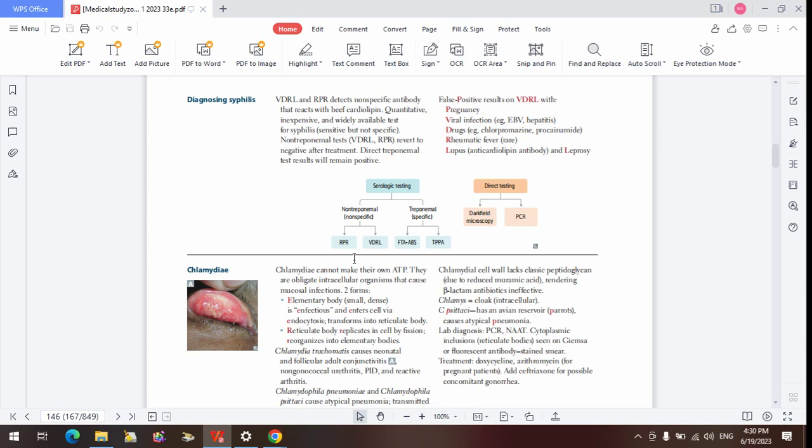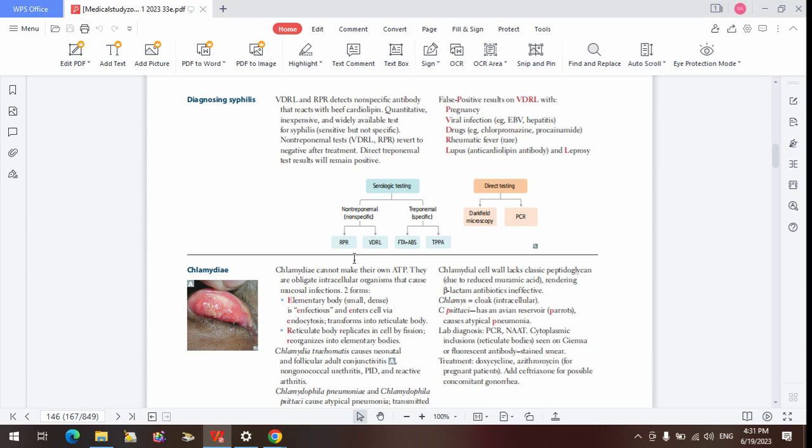Once you mix them together, there will be a foam reaction. That is your VDRL test being positive. So that means that if you can obtain a serum that contains anti-cardiolipin antibody, you obtain a positive VDRL test. And it is not only syphilis that contains that anti-cardiolipin. We are going to talk about the other conditions later.